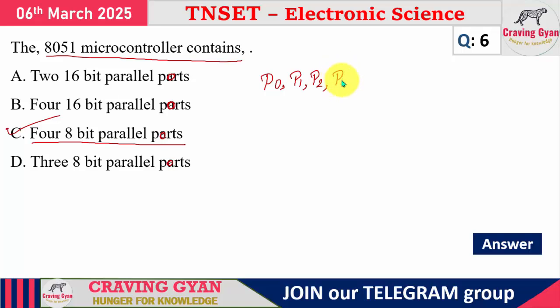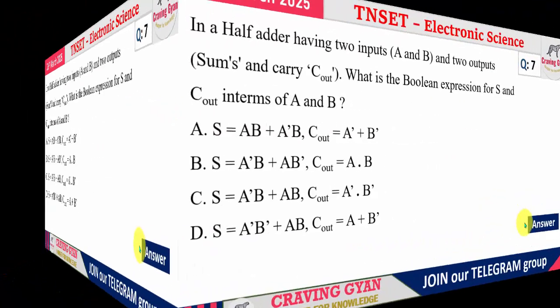Or you can also define the ports as port A, port B, port C and port D. It is bit addressable as well as byte addressable. How many ports you will be having? 4 ports you will be having. The corresponding option that is going to follow is option C is correct.